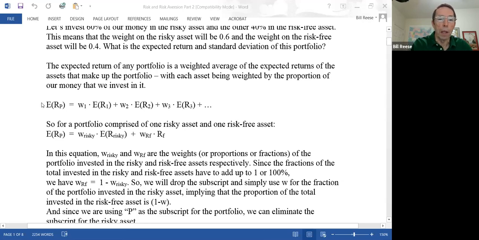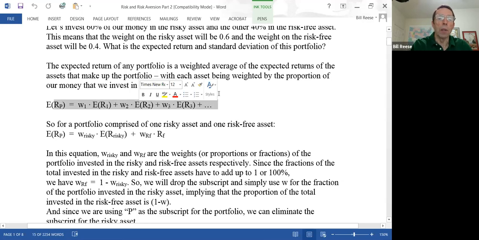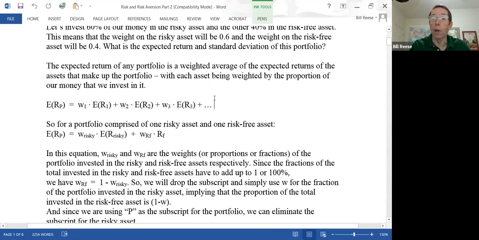So here's our formula for the expected return of a portfolio. It's the weight on asset one times the expected return on asset one, plus the weight on asset two times the expected return on asset two, plus the weight on asset three times the expected return on asset three, and so on for as many assets as we have in that portfolio.